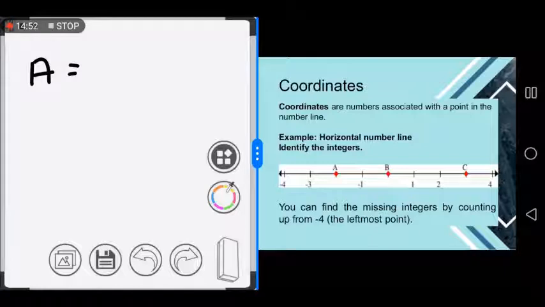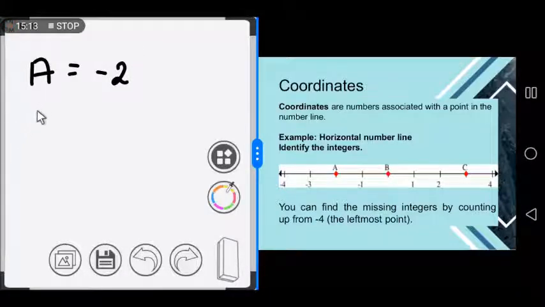So, if our given is negative 4, 1 step to the right is negative 3. Then 1 step to the right again is the missing number. Then another step to the right is negative 1. So what could be the number associated with point A? If you answered negative 2, then you are correct.